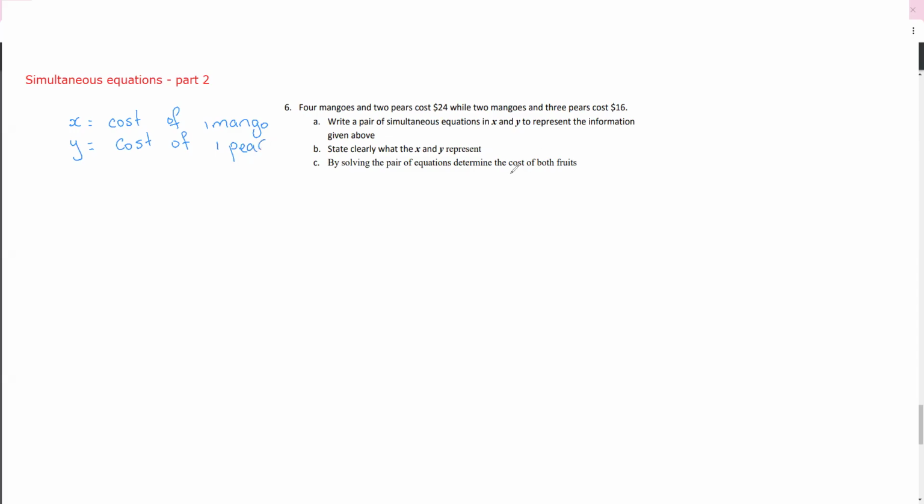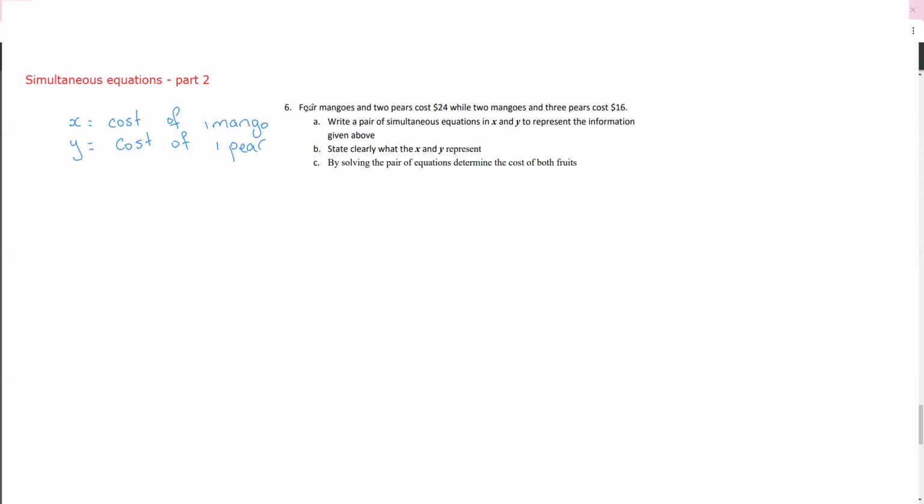Right? Those are the things we're looking for. We're looking for the cost of a mango and the cost of a pear. You could have done it the other way around and say Y is the cost of the mango and X is the cost of the pear. Once you let them know clearly which is which, that's what we have to do.